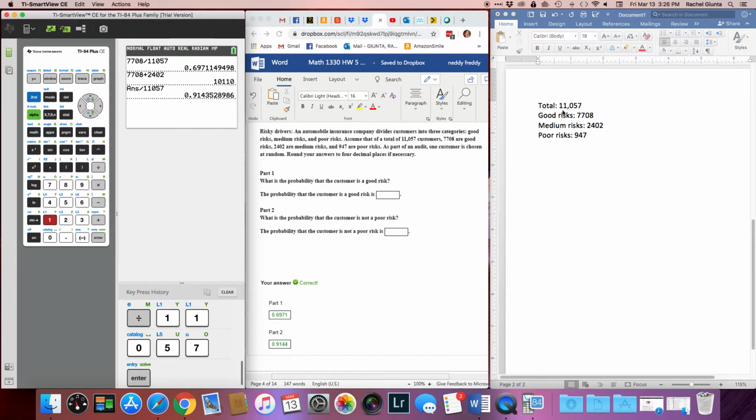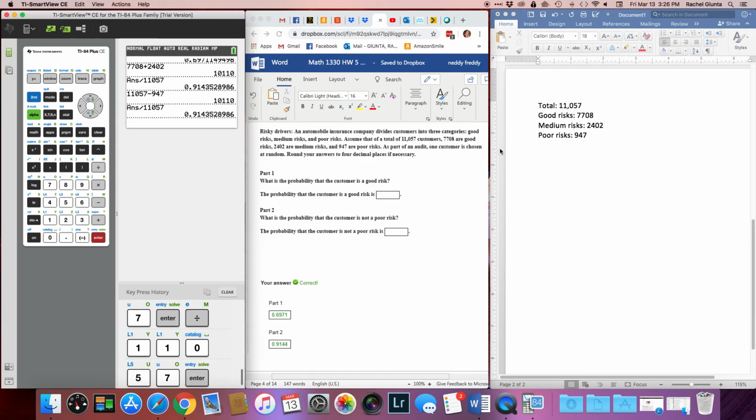So if we take the total, 11057, subtract out the people we don't want, because it's not a poor risk, 947, and it gives us actually the same exact number, and it has to give us the same exact number as if we add everything else together. And so then we would divide that number by the total, 11057, and of course it gives us the same answer, 0.9144. So that's all the parts for this one.